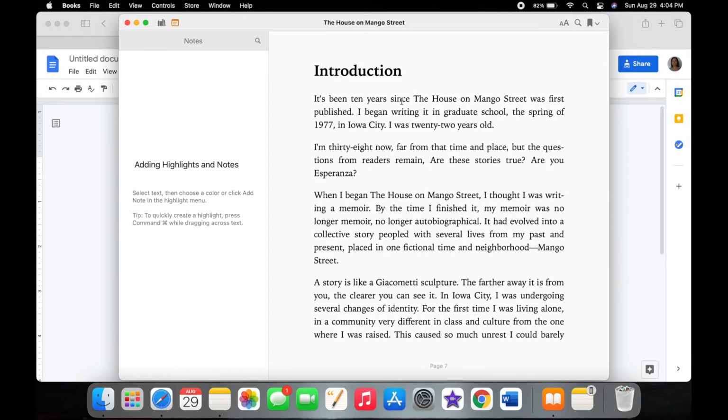So it's been 10 years since The House on Mango Street was first published. This is about the author. "When I began The House on Mango Street, I thought I was writing a memoir, but by the time I finished, my memoir was no longer a memoir, no longer autobiographical. It had evolved into a collective story peopled with several lives from my past and present, placed in one fictional time and neighborhood, Mango Street." So that's interesting.